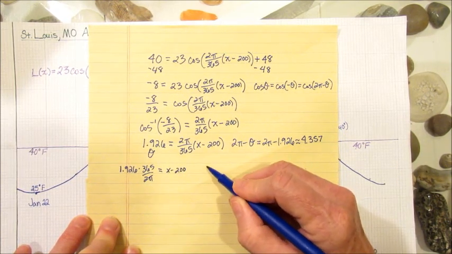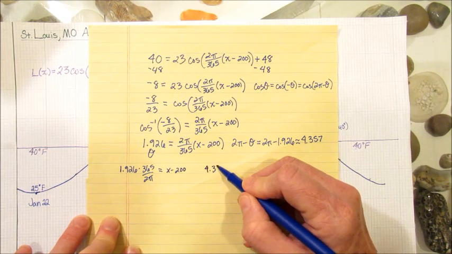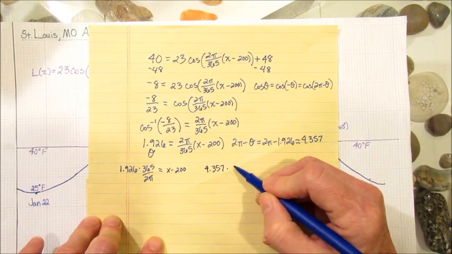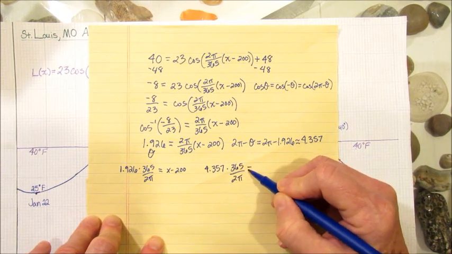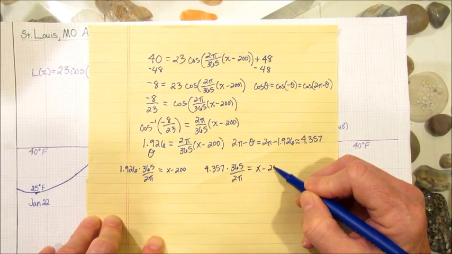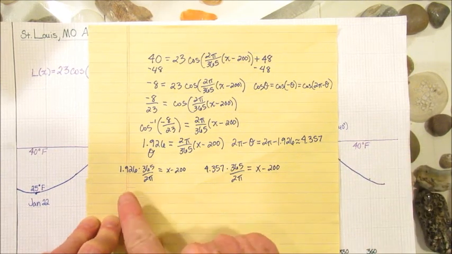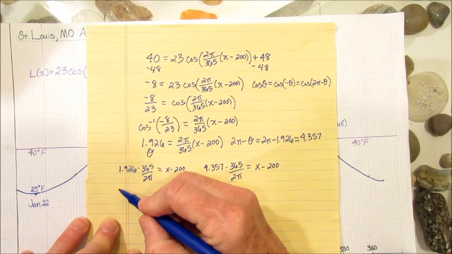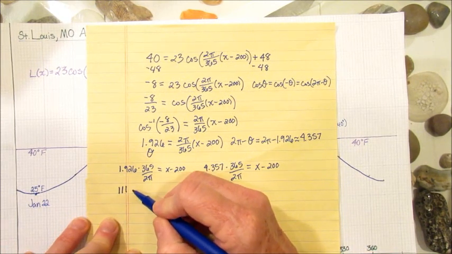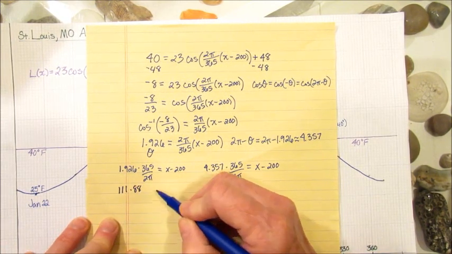And then I will also do 4.357 times 365 over 2 pi. And that's another option for the x minus 200. Let's get a decimal approximation of each of those values. This is 111.88.